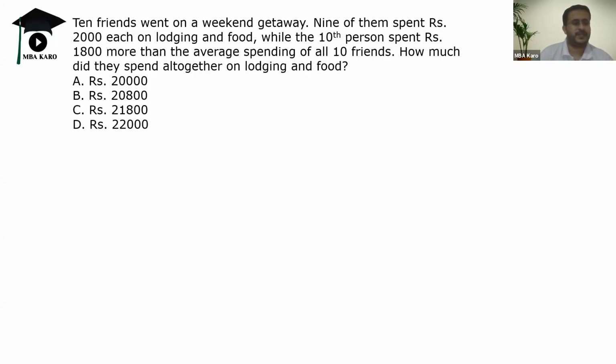So there are 10 friends and 9 of them spent 2000 each and the 10th person spent 1800 more than the average spend. So what will be your answer for this?